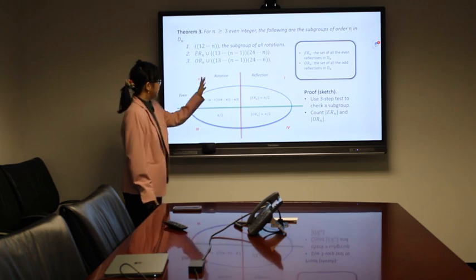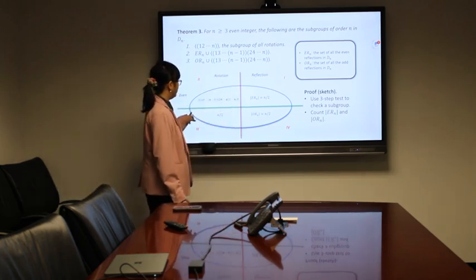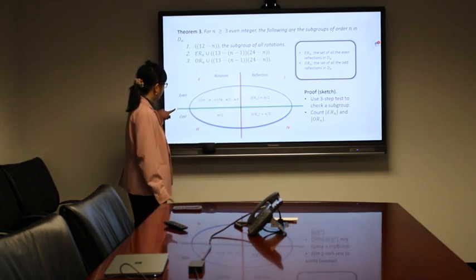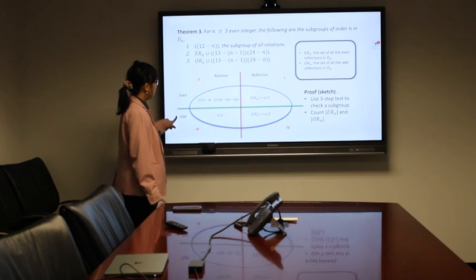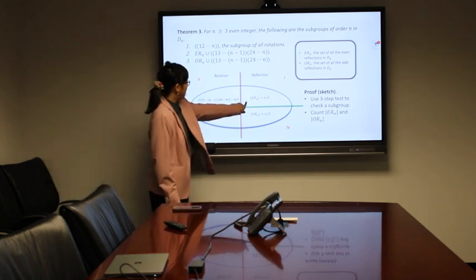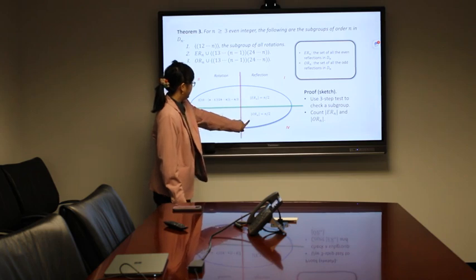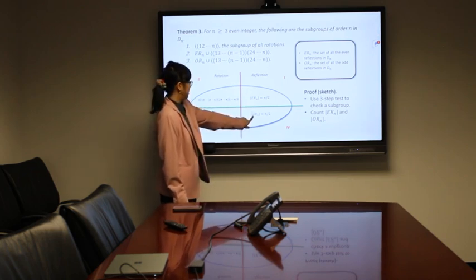I divide it into 4. The vertical line divides the dihedral group into rotations and reflections, and the horizontal line divides the dihedral group into even and odd. So in the corner, I have even reflections, and down here I have odd reflections.